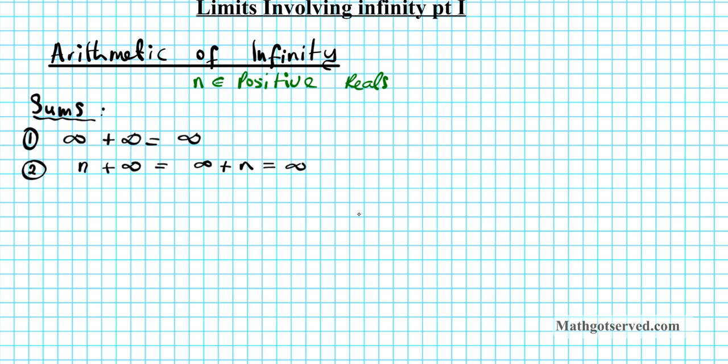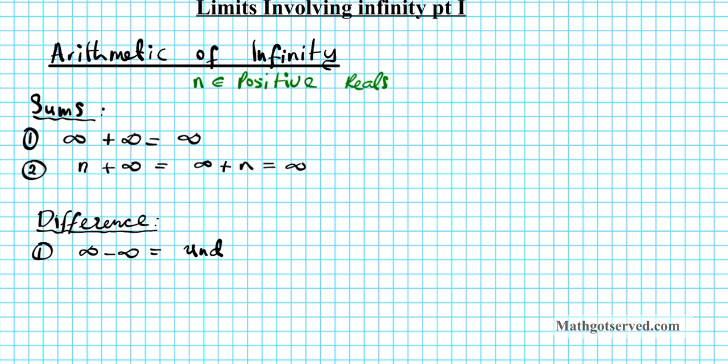All right. Now let's take a look at the next one. We have the difference. Now what does that look like? Well, for the difference, the first one, infinity minus infinity is undefined.